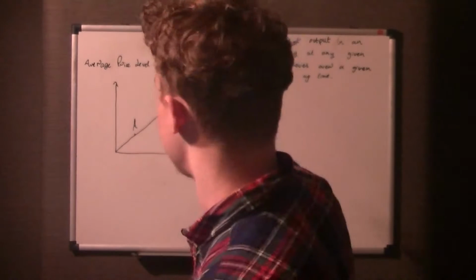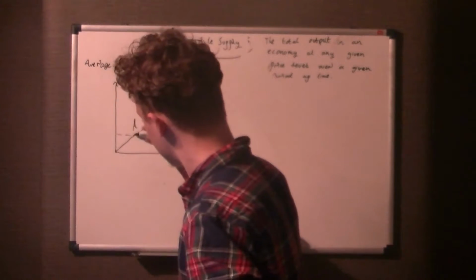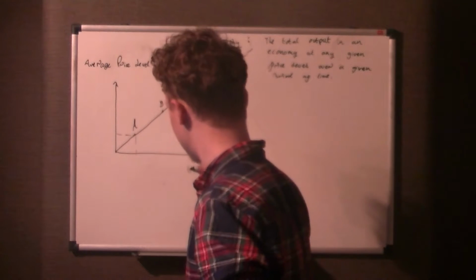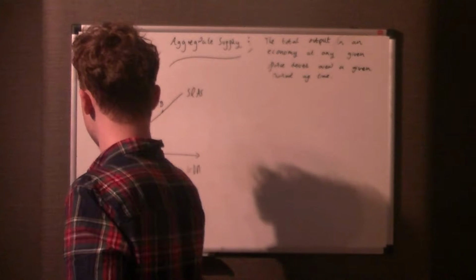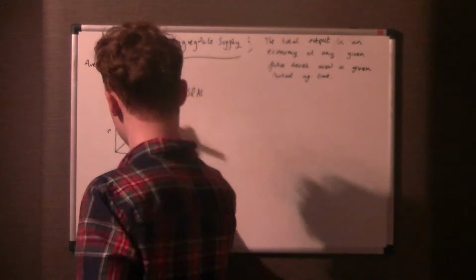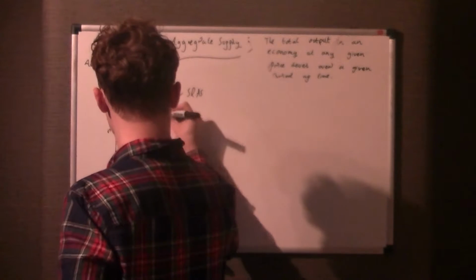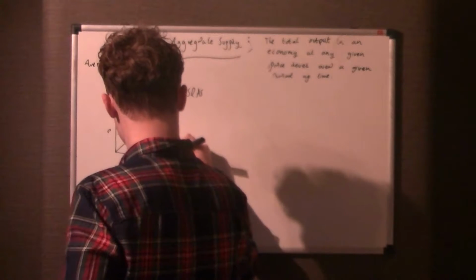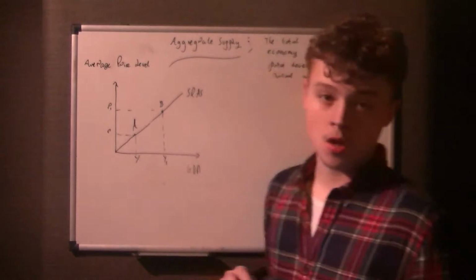If it changes price, it moves along. So it can move from, that's GDP, it could move from P, Y, to P1, Y1. And you'd see that would increase price, increase output.